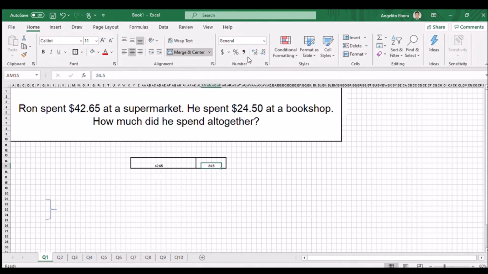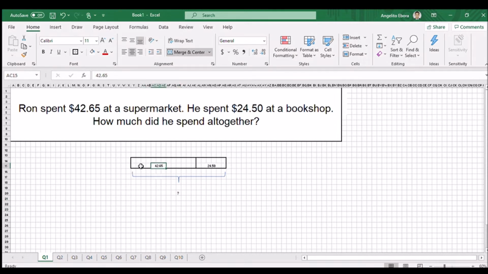Just have to add zero at the end because we're talking about money. So this one is for bracket. That means we need to put this all together. And this one is question mark, because we need to find all together.